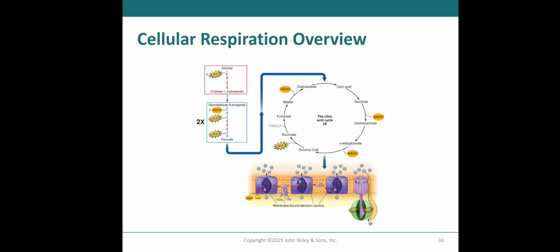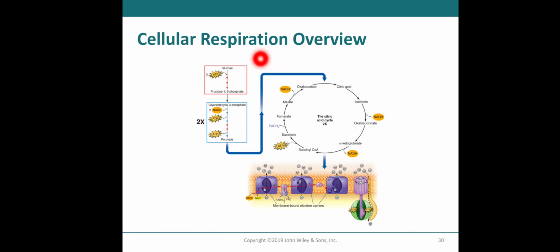So that is our cellular respiration. Overall, starting from glycolysis, you have basically 3 steps. This is for aerobic cellular respiration. Starting with glycolysis, you produce pyruvate, then you end up with the citric acid cycle, and finally the electron transport chain.